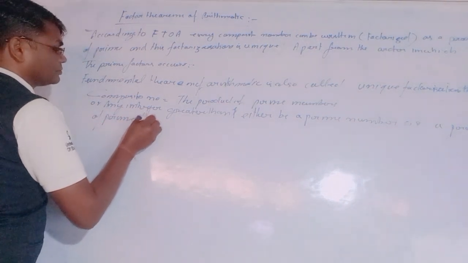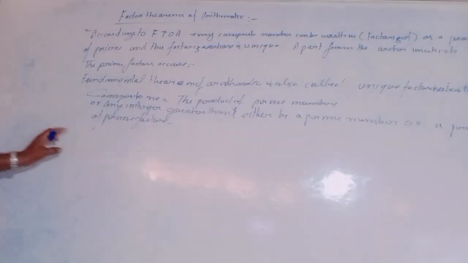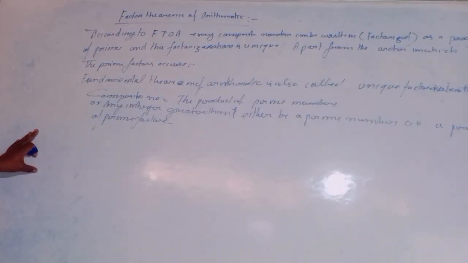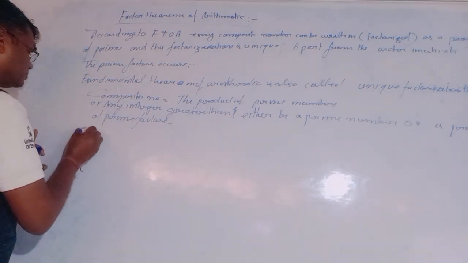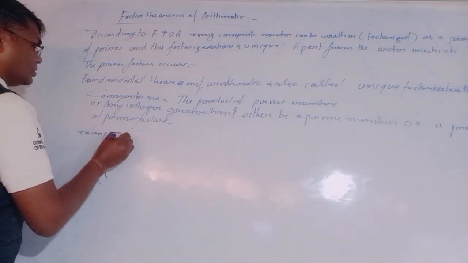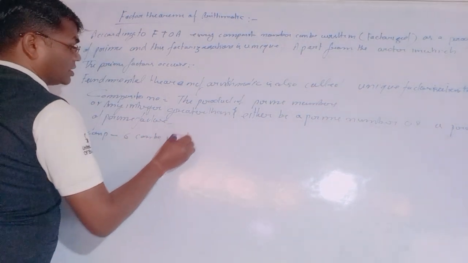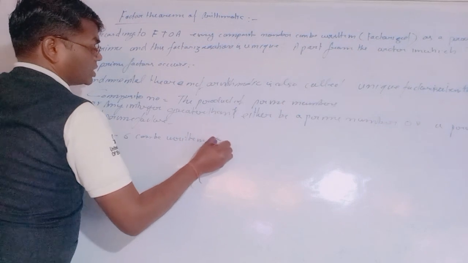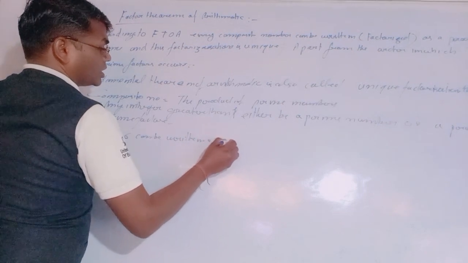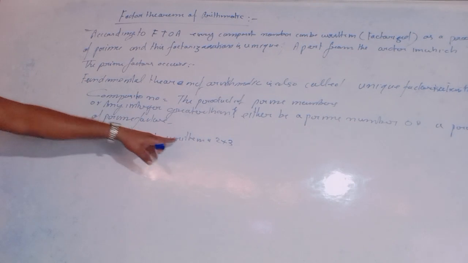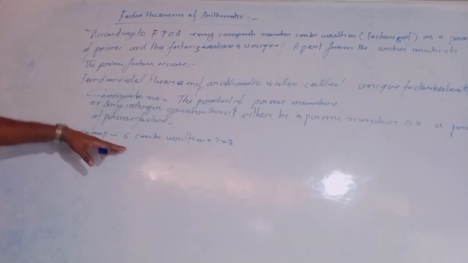Suppose we give an example: 6 can be written as 2 into 3, where 2 and 3 are prime numbers.